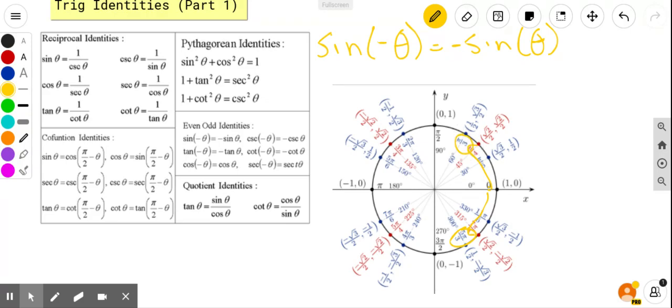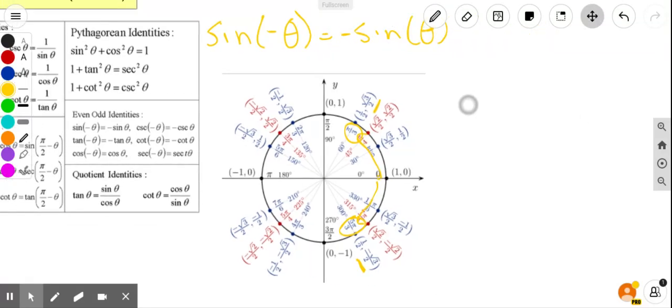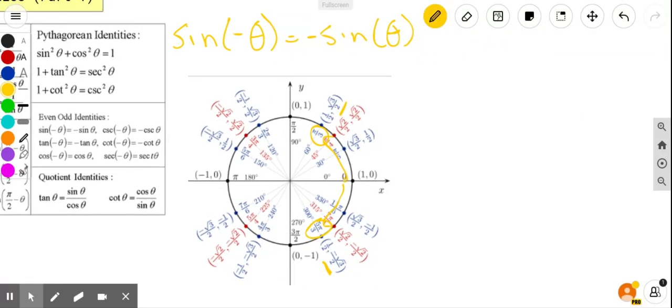If we're talking about sine, sine refers to the outputs of the y values. So we're looking at radical 3 over 2 and negative radical 3 over 2. So sine of negative pi over 3, 60 degrees, would be the same as negative sine of pi over 3.